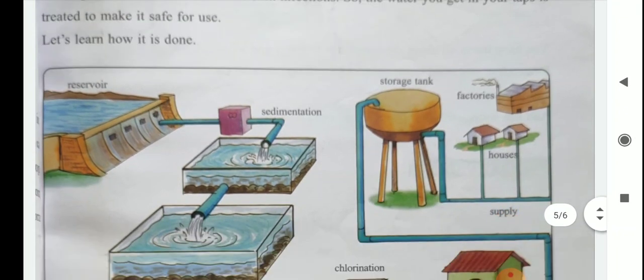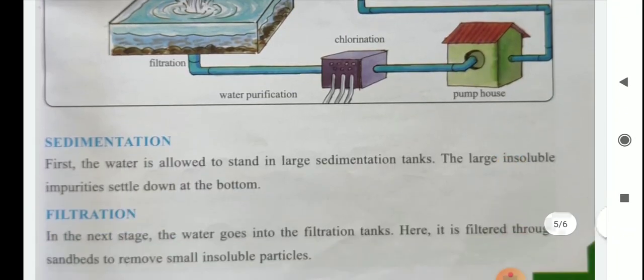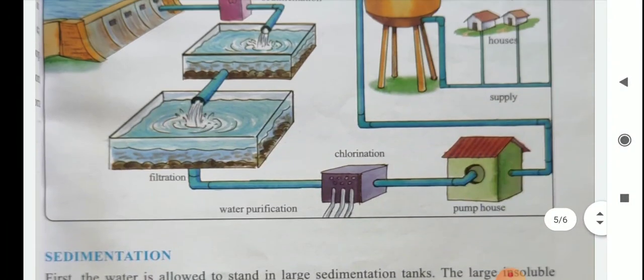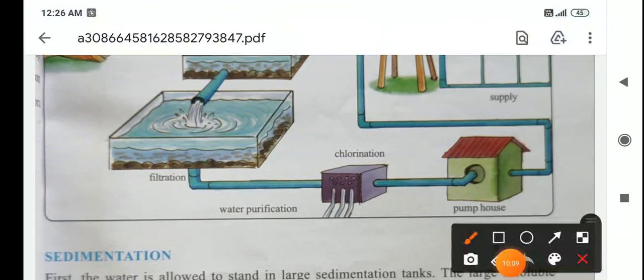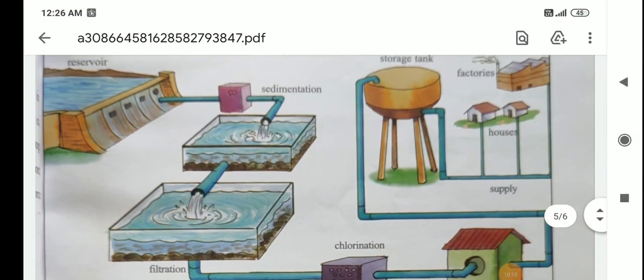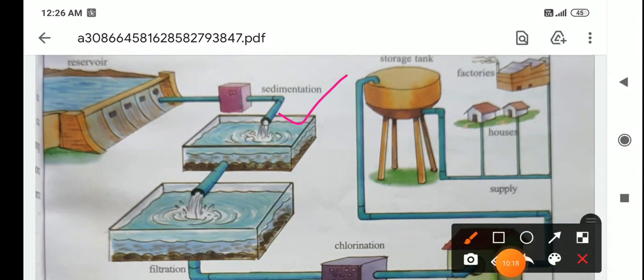Step by step we see. First, sedimentation. Water is allowed to stand in a large sedimentation tank. The insoluble impurities settle down at the bottom. Here you see, this is the sedimentation tank.